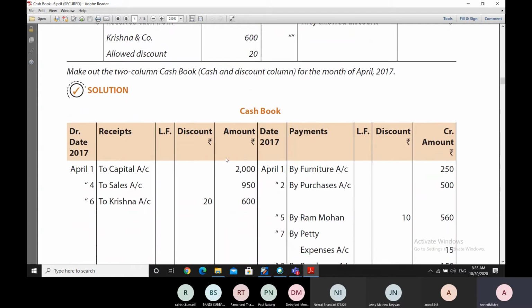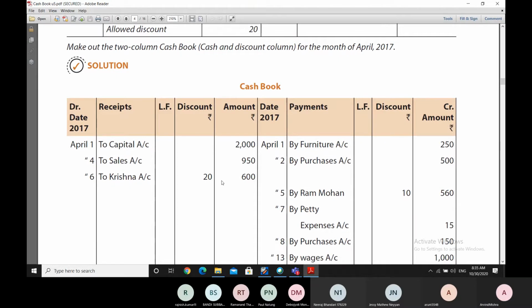So you can see here a discount column has been added before the amount column on the debit side, on the left side. Similarly, a discount column has also been added on the left of the amount column on the credit side. And thereafter, all the entries are being made here.